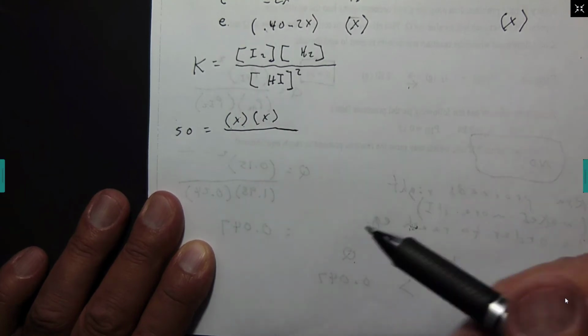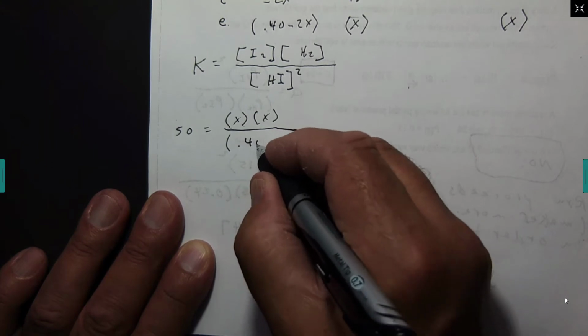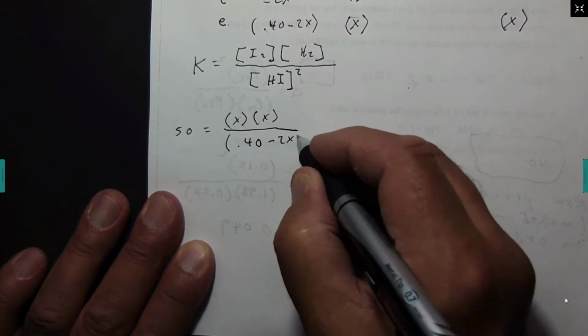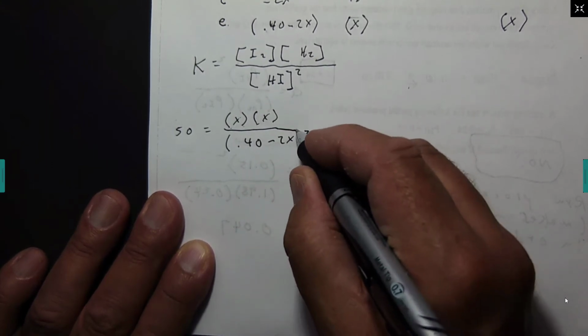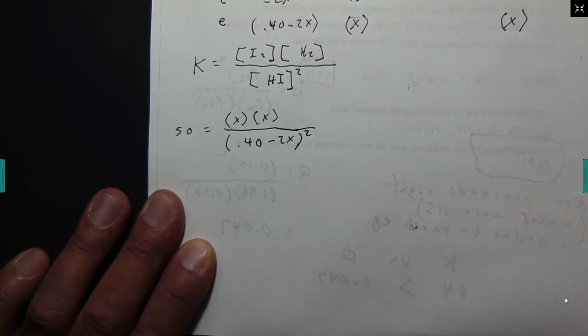Oh, 0.40 minus 2x. What do I got to do to that? I got to square it. Hey, that's an algebraic expression. I can solve for x.